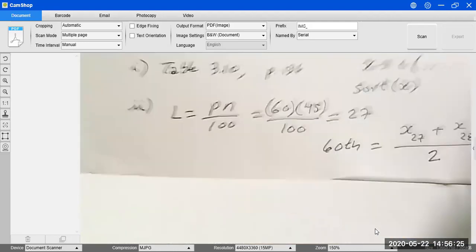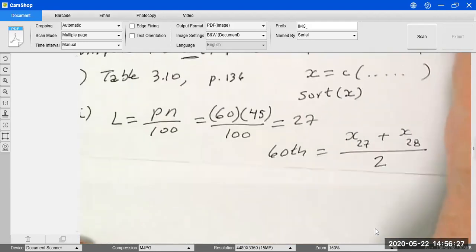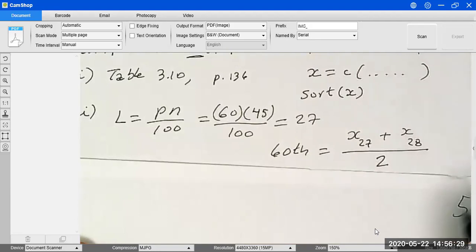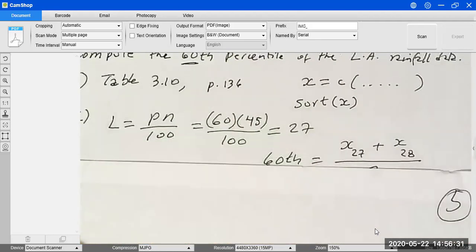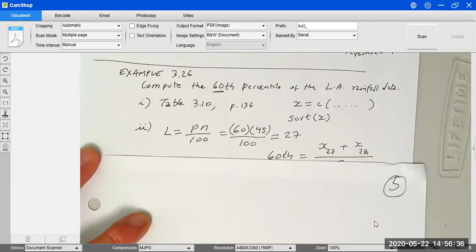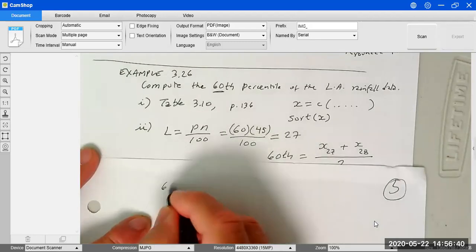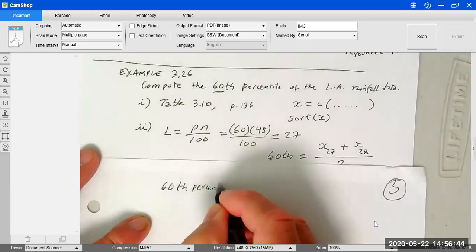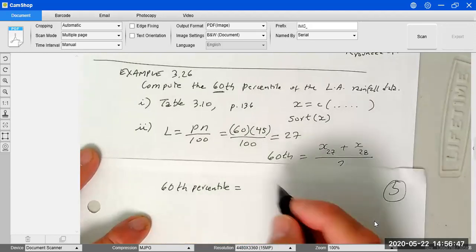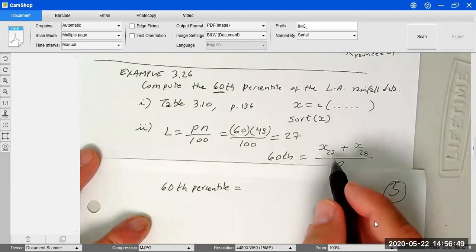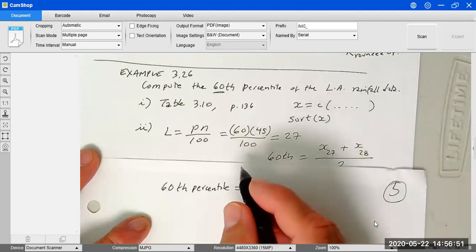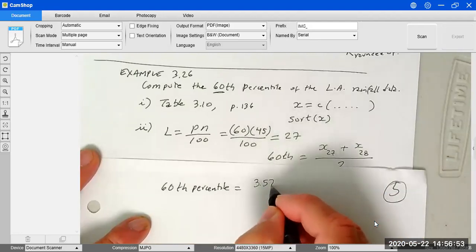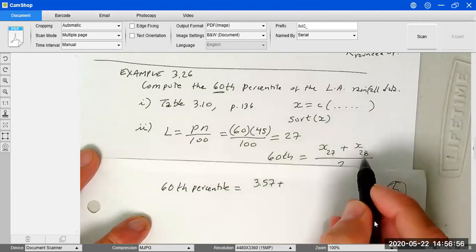To finish this problem, let's decrease the size of the font. So we have our 60th percentile is the value in the position 27. We said that is 3.57 plus the value in the position 28.